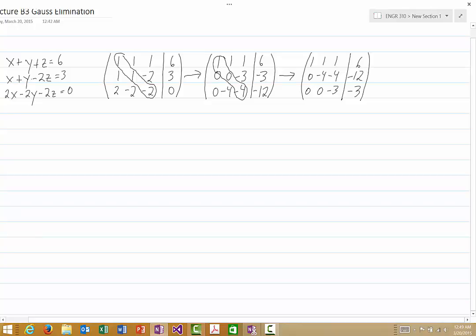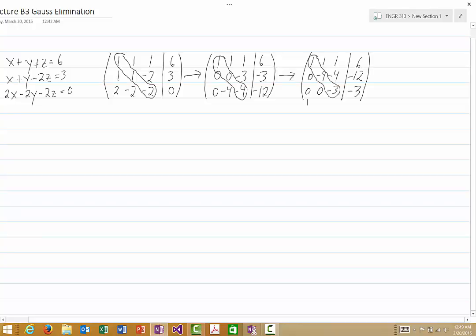And notice that now we have eliminated all the non-zero terms below the main diagonal. Here is the main diagonal. Everything below it is 0. And therefore, now we're able to use back substitution to finish our solution to this system of equations.